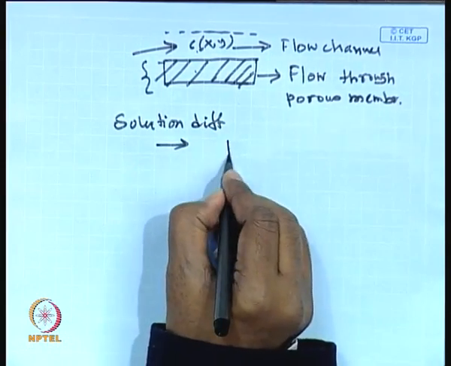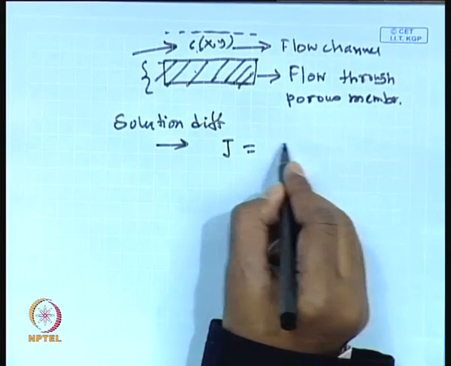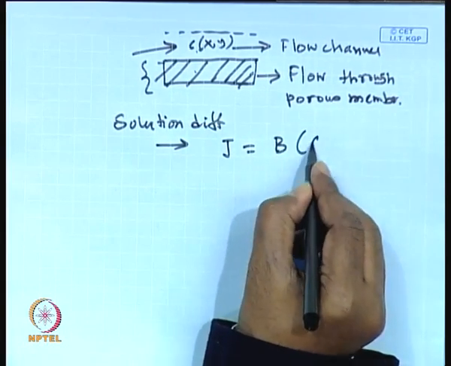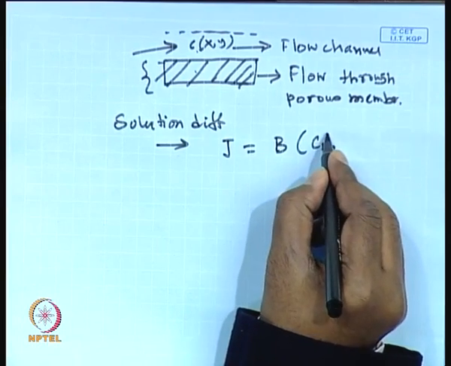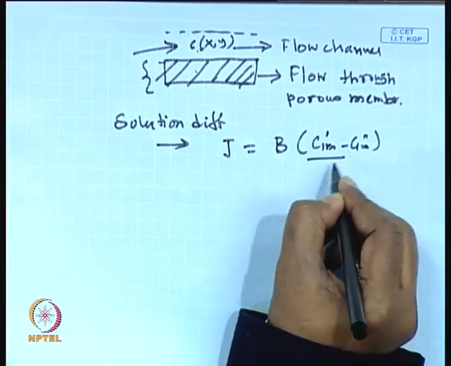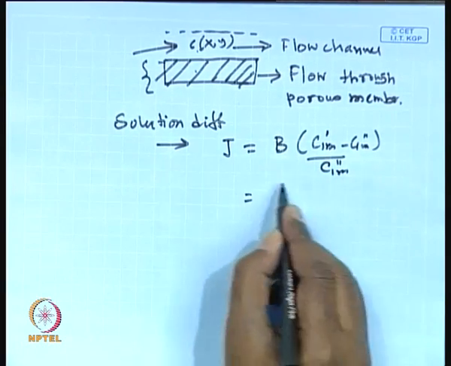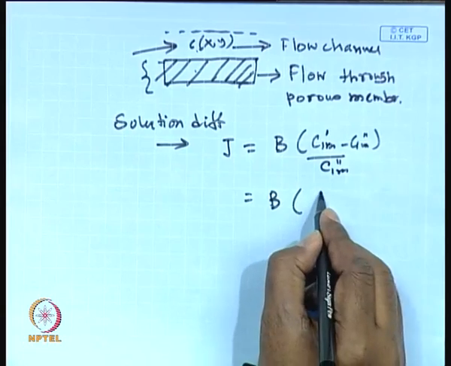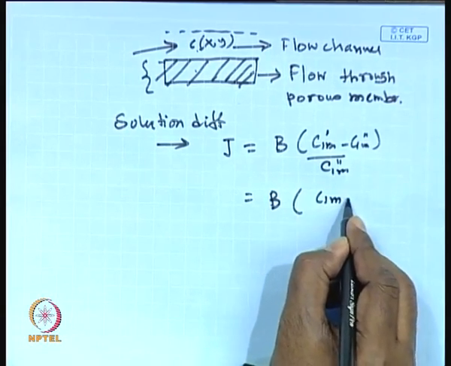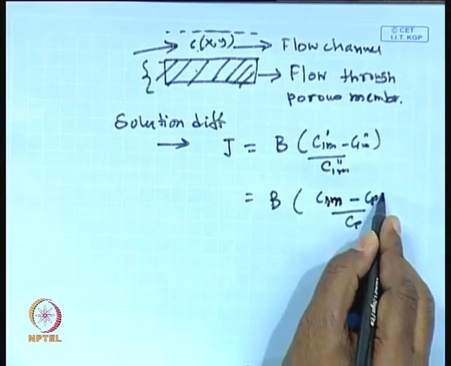If you remember what the solution diffusion model gives, it says that the permeate flux, the volumetric permeate flux or solvent flux, is nothing but B times (Cm minus Cp) divided by Cp.